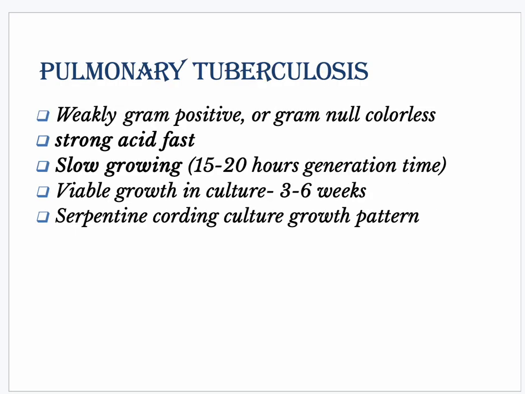They are weakly gram positive or gram null, colorless. They are strong acid fast, no? You always remember that strong acid fast. They are slow growing, 15 to 20 hours of generation time. Viable growth in culture is 3 to 6 weeks, and there is a serpentine cording growth pattern.